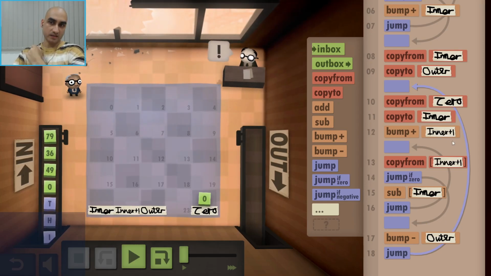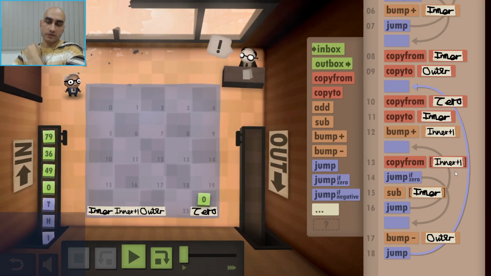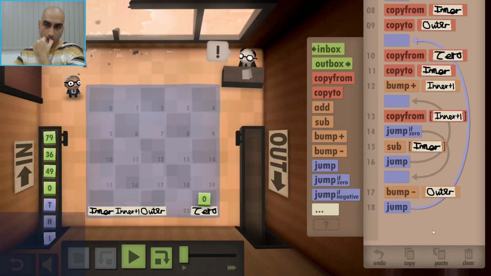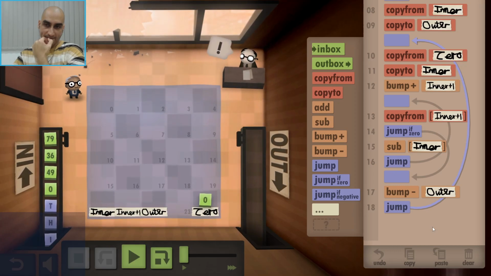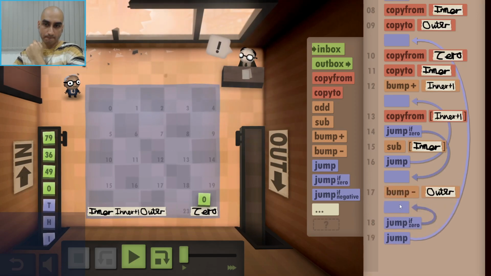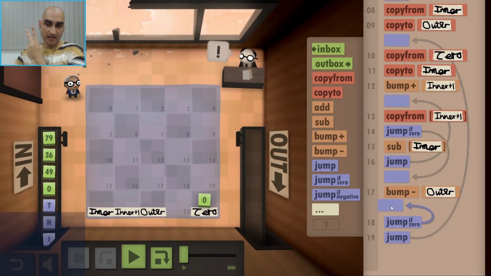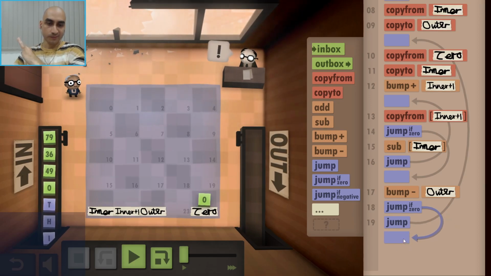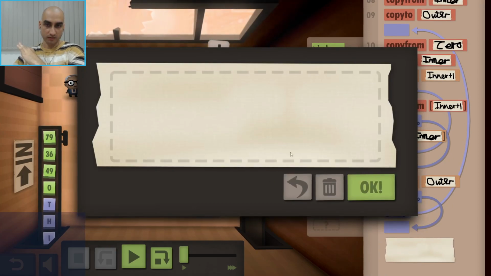So now we reset inner to be 0 and do all that again. But if outer is 0, that means we've done the inner and the outer loops. We've done the quadratic number of steps, basically. So now we're actually done, and we move on to the next phase, outputting.